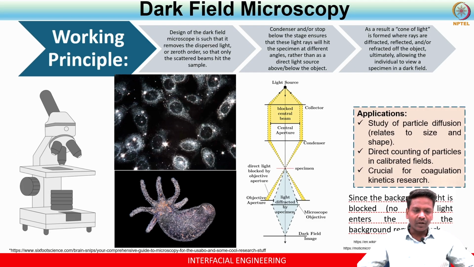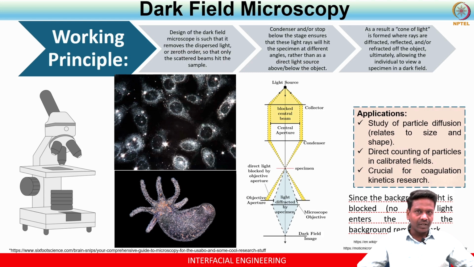So this dark field microscopy we have already seen. The difference here is that it collects only the scattered light from the sample. You are able to block the background light coming from the sample.